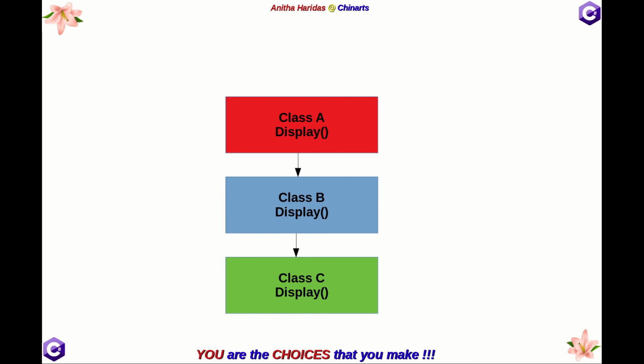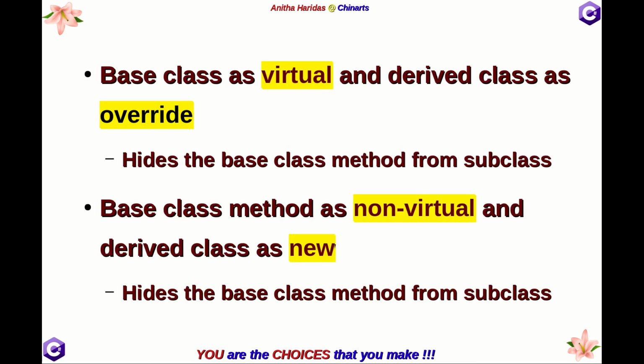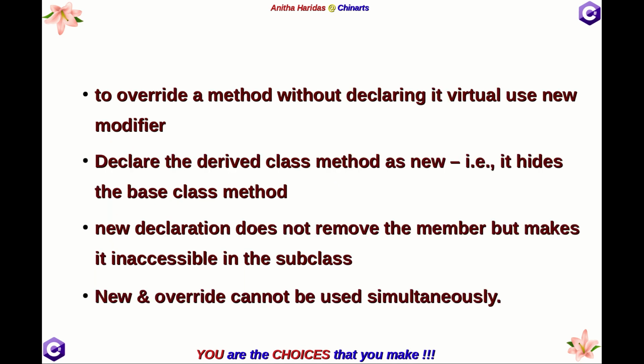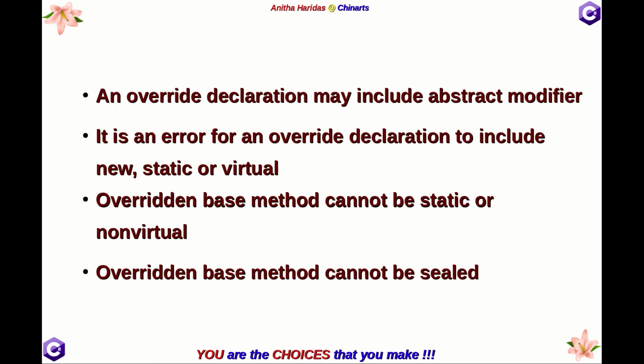Apart from that, if a non-virtual method is to be overridden, then you can use the new modifier. But new and override cannot be used simultaneously. So these are some of the properties that you have to remember while using multi-level inheritance and runtime polymorphism.